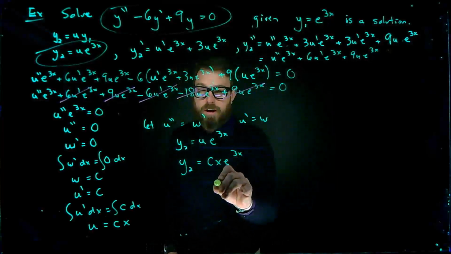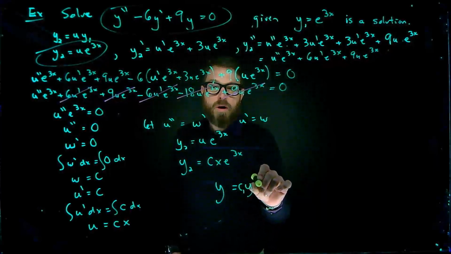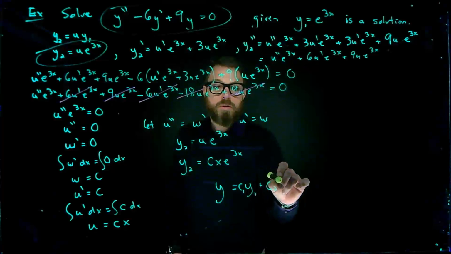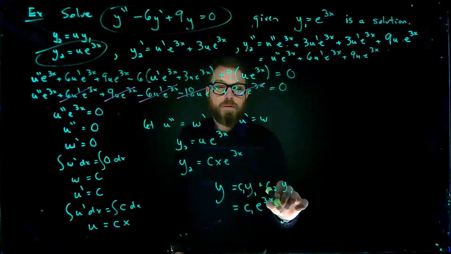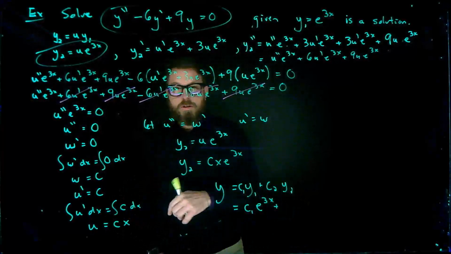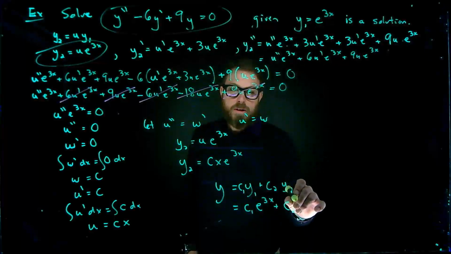So therefore, finally, our solution y is going to be c1y1 plus c2y2. So this is going to be equal to c1 e to the 3x plus c2 times c, which is still just going to be c. So I'm going to say this is some c2 still.